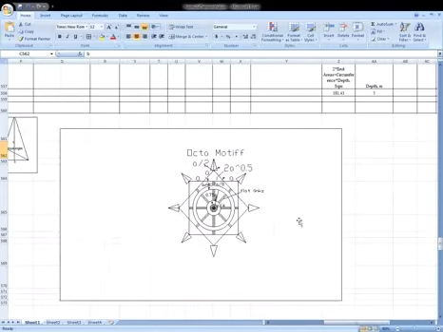Let me just blow it up. This is 2A here. This is 2A.